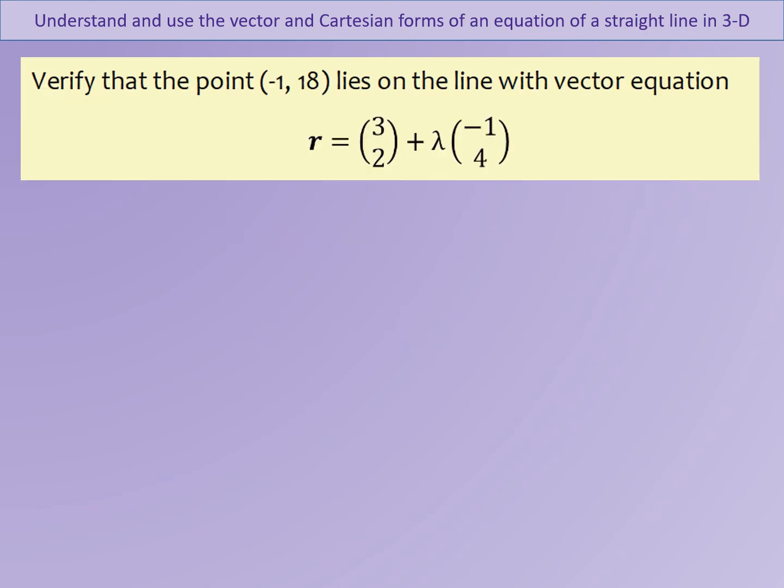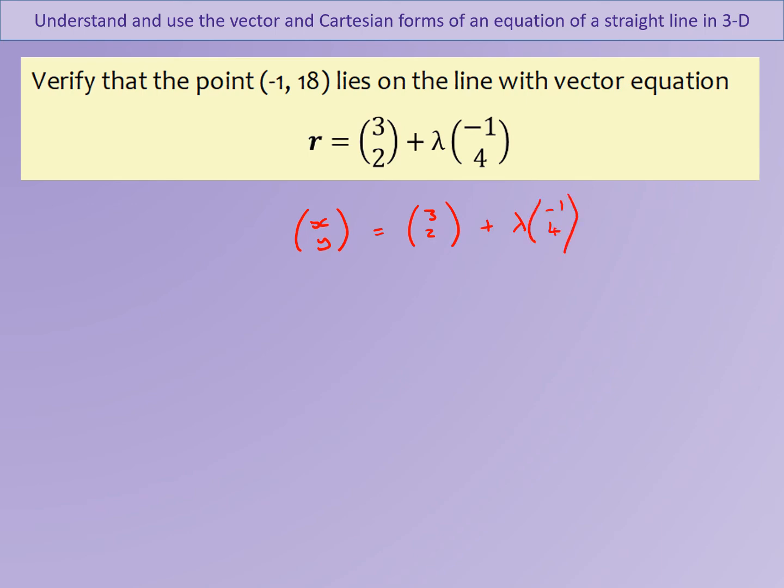Next, we're going to verify that the point minus 1, 18 lies on the line with this vector equation. So as with the Cartesian case, we need to show that minus 1, 18 satisfies the equation of the line. So remember that r is shorthand for x, y in 2 dimensions. So we could rewrite the equation like so.